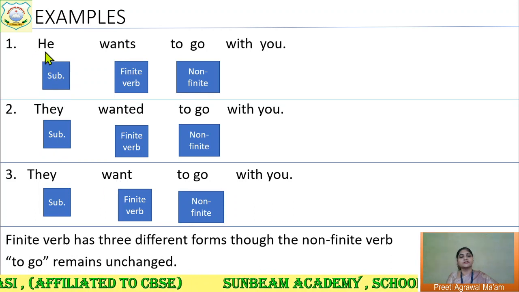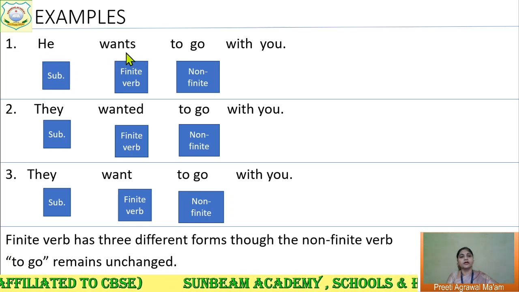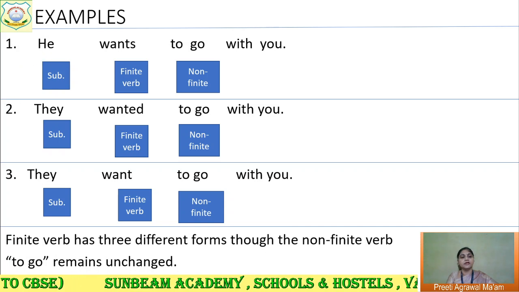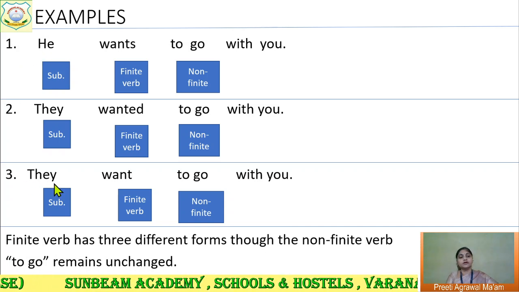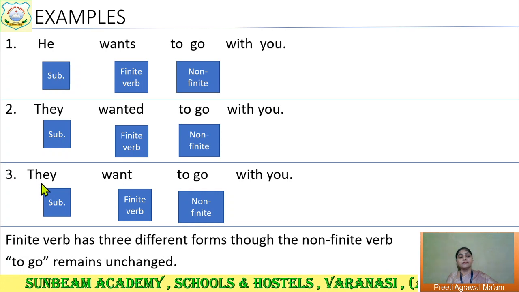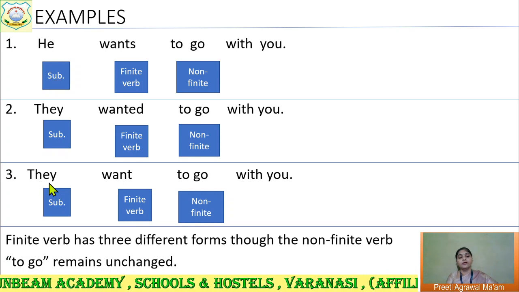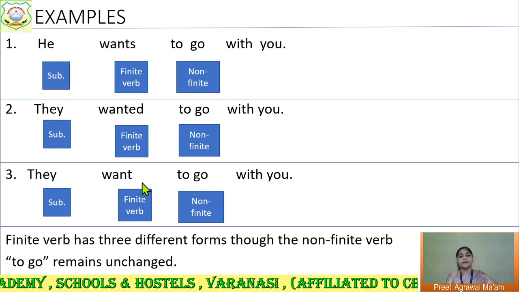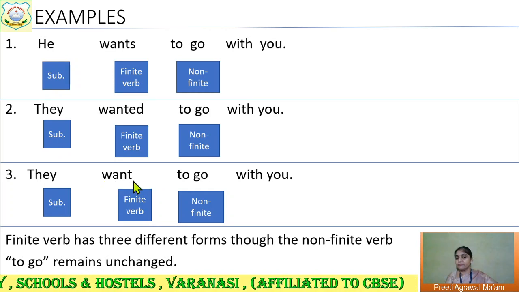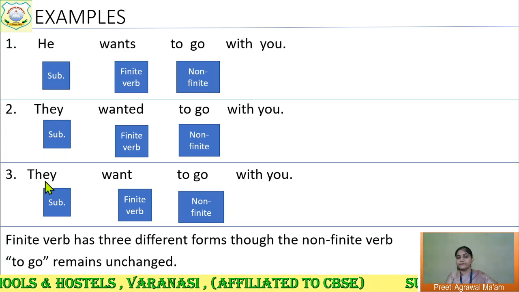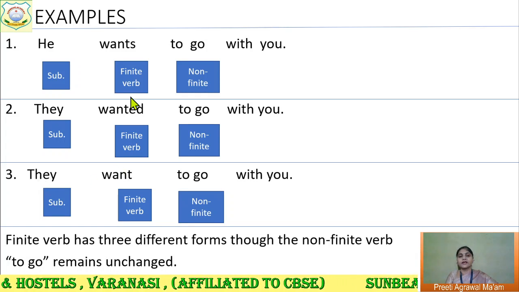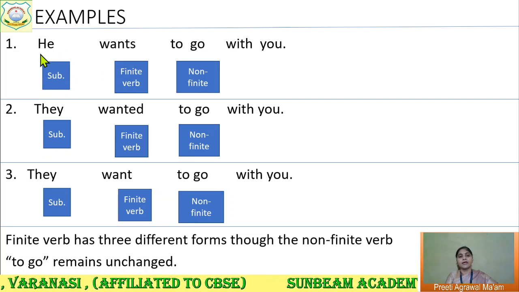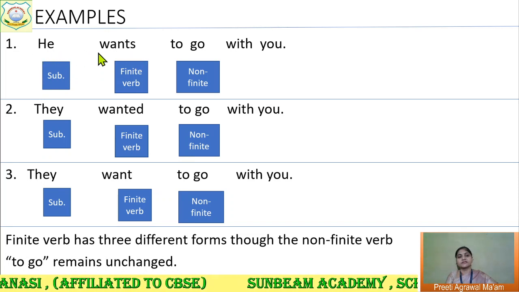According to the number, this is singular number, so I have used wants. Now see the third example. This is which number? Plural number. In plural number, what have I used here? Want. So I have changed my finite verb according to the number. So finite verbs are affected by the number, by the person, and it always carries a tense.